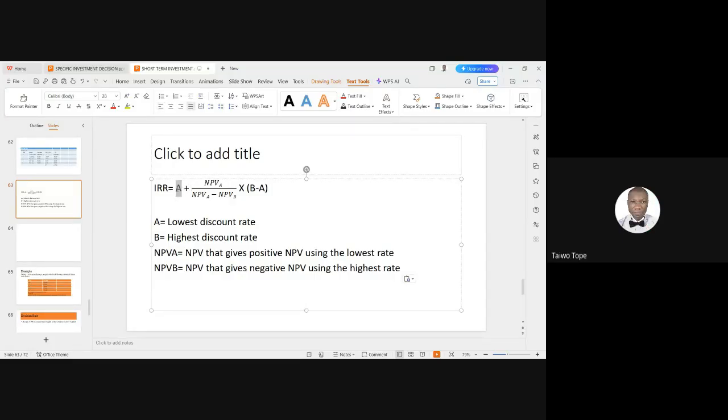A is 15%. Why is it 15%? It is the lowest discount rate. Comparing 15% and 18%, which is lower? 15. Now, what is the NPV of A? 6,100, the positive one, the NPV using the lowest rate.